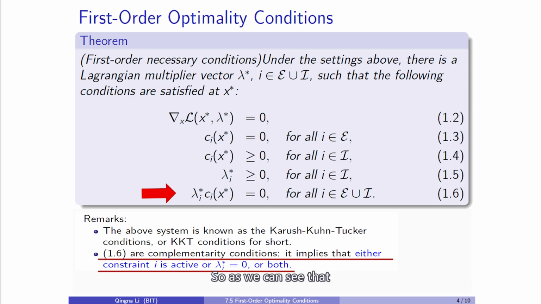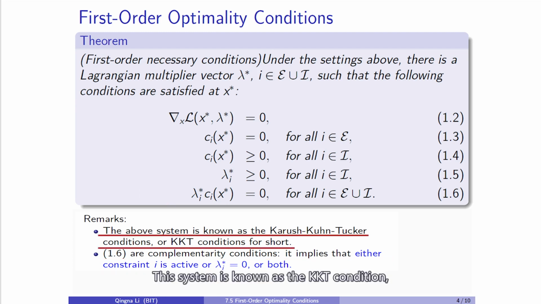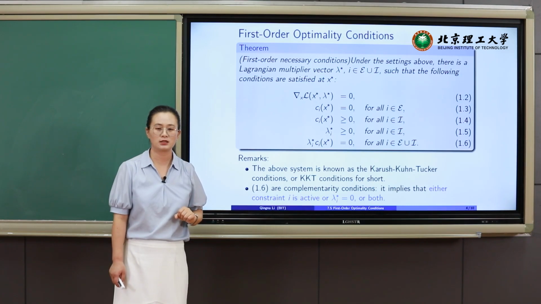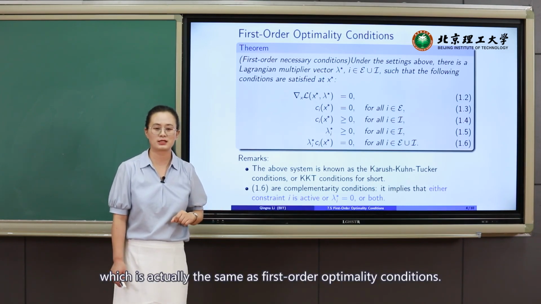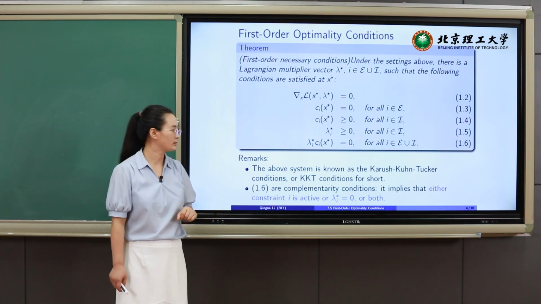So as we can see, for any optimization problem, we can write down the KKT condition. This system is known as the KKT conditions, where the full name is Karush, Kuhn, and Tucker conditions. We use the short name KKT condition, which is actually the same as the first-order optimality condition, okay?